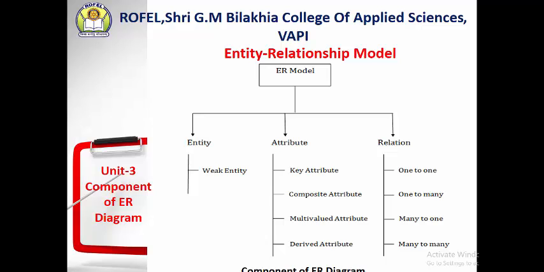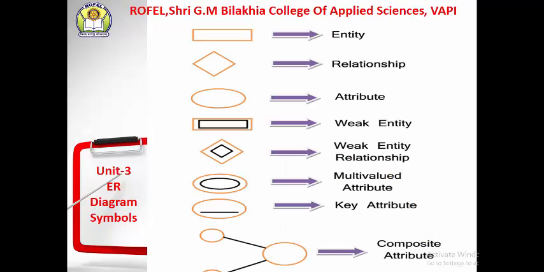It shows you the relationship with the entities and the attributes of the entities, and the relationship is one to one, one to many, many to one or many to many. Different types of attributes and different types of entities are there.